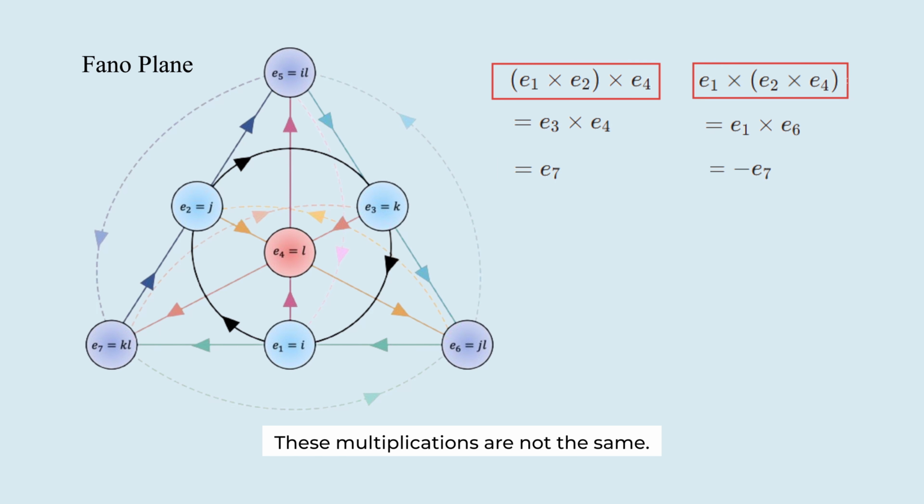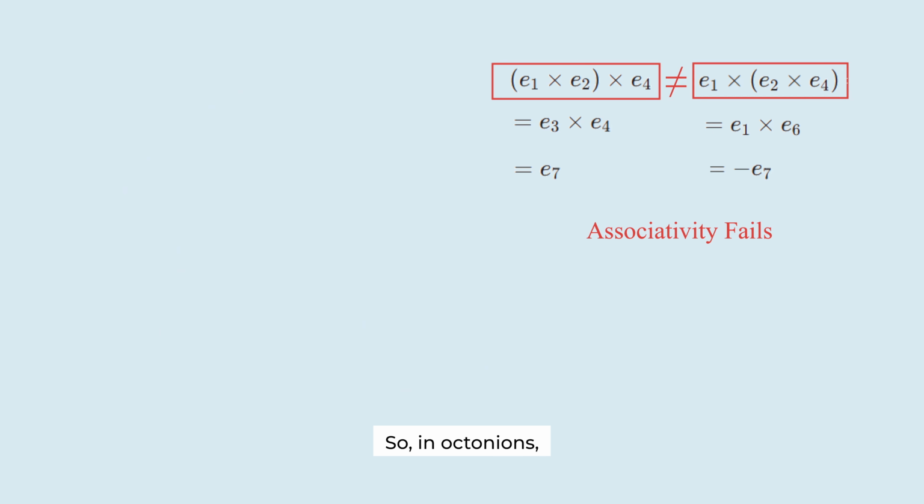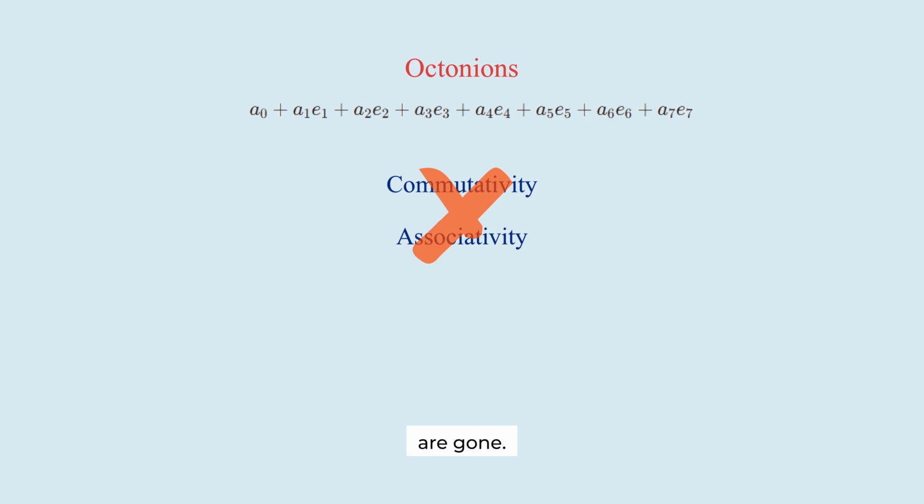These multiplications are not the same. Associativity fails. So, in octonions, both commutativity and associativity are gone. And yet, octonions are still considered as numbers because division still works in octonions.